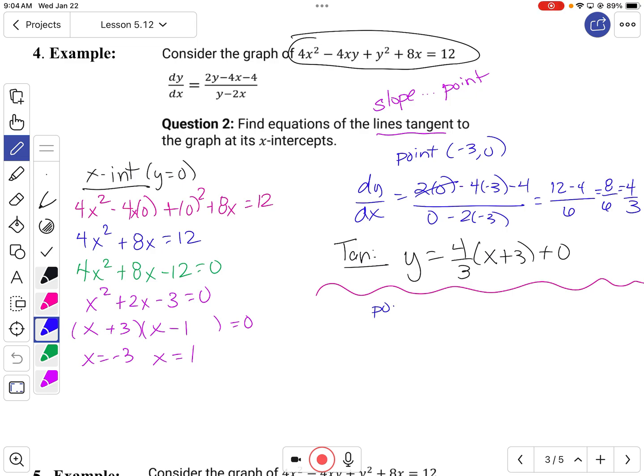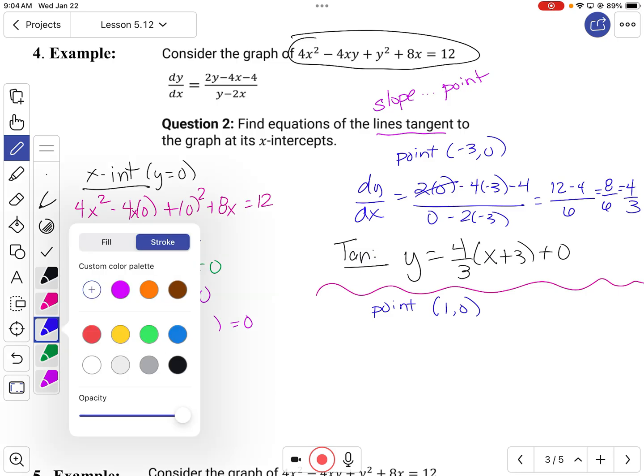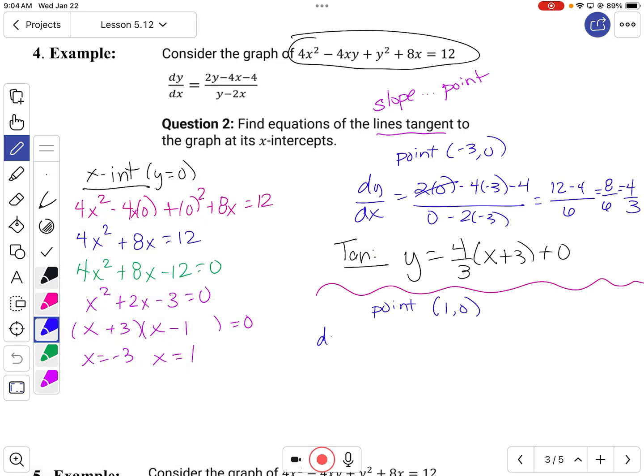All right, let's do the second one. What's my point for the second one? 1, 0, because it's an x-intercept. Let's get our slope. We're going to plug that into dy dx. It's going to equal 2 times 0 minus 4 times 1 minus 4 over 0 minus 2 times 1.